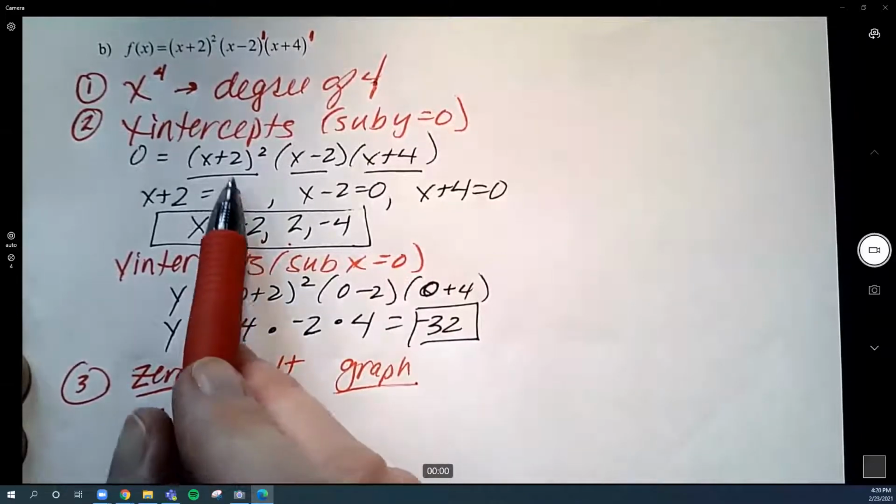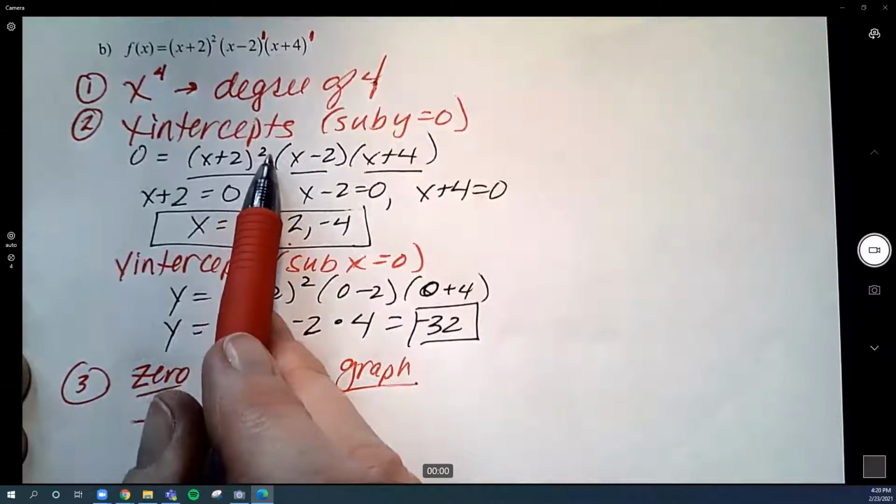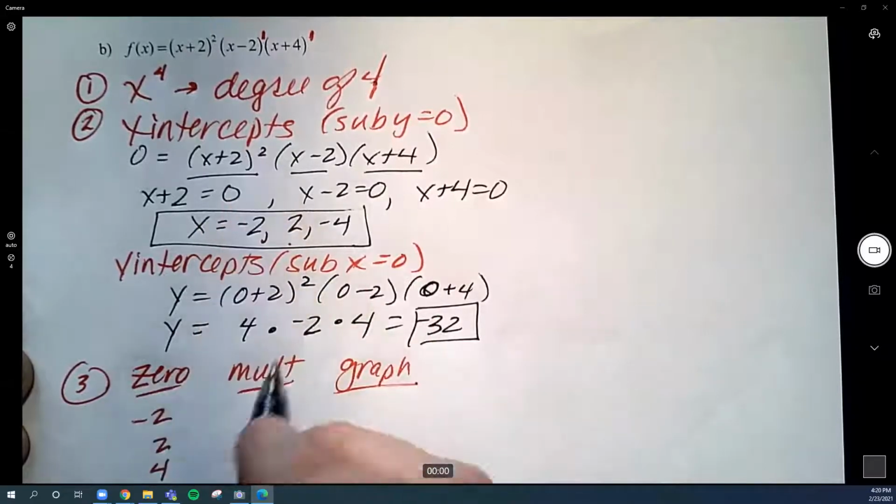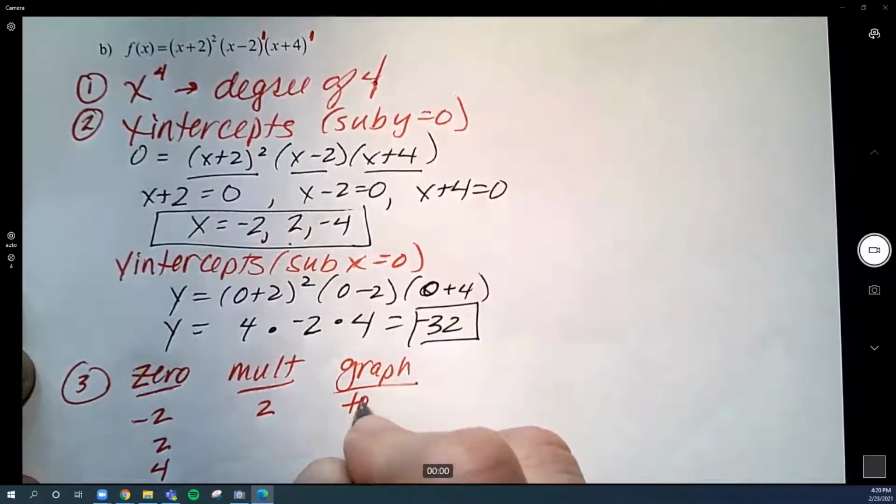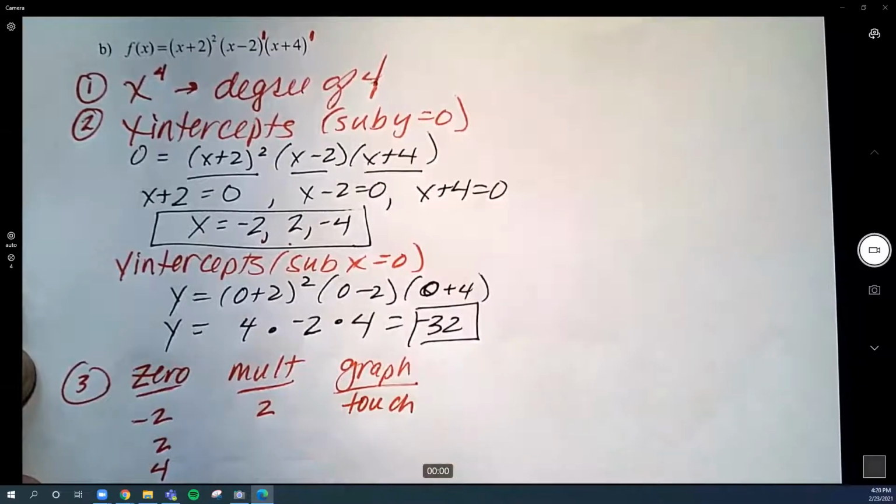At the 0, -2, you can see it has a 2 exponent, which is even. Since it has an even multiplicity, that means the graph will touch and reverse direction.